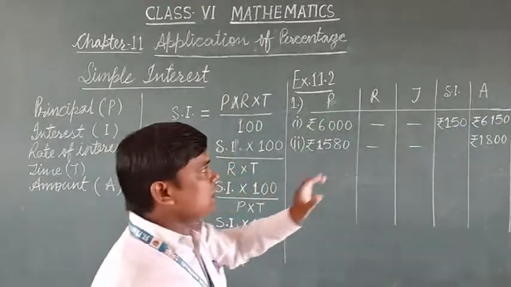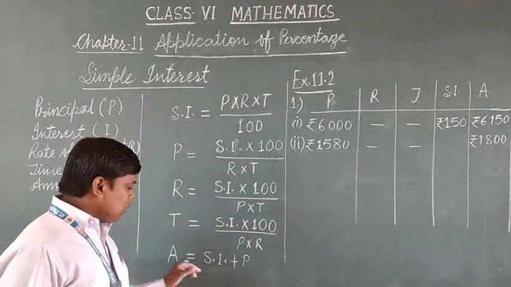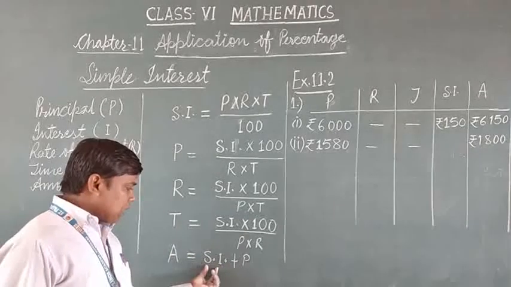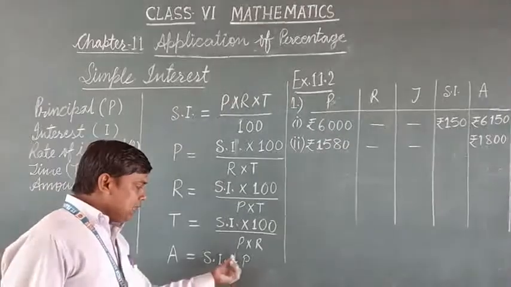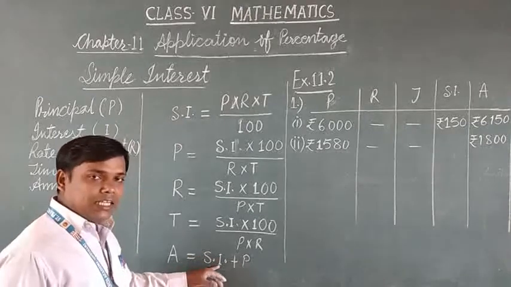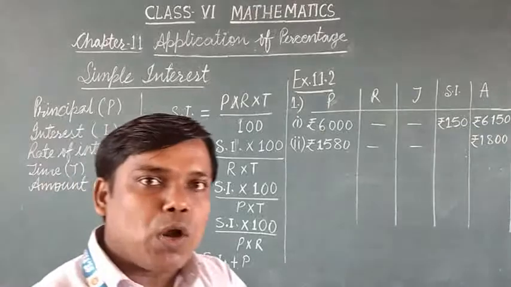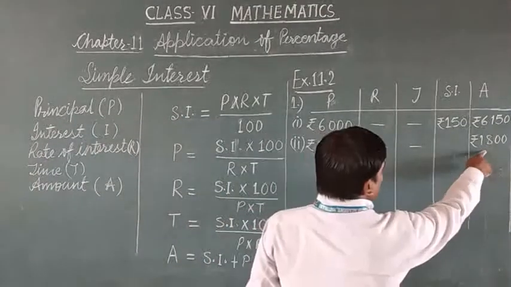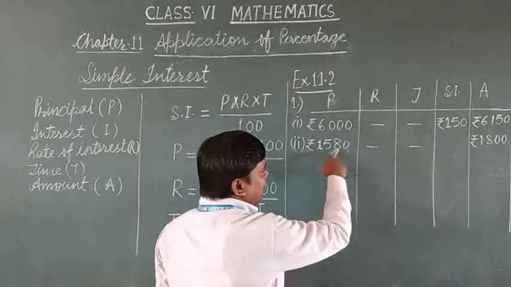We know the relationship. From here we can calculate SI is equal to amount minus principal. To calculate SI, we can send principal to the left side. Here is a positive sign, it will go to the left and become negative. Means to calculate SI, when amount and principal are given, we subtract principal from amount. So here amount is 1800 and principal is 1580.